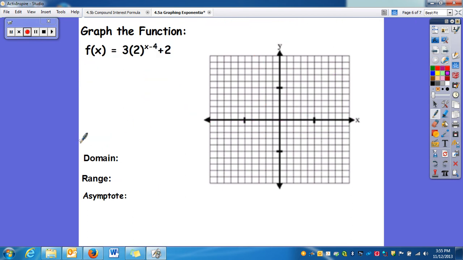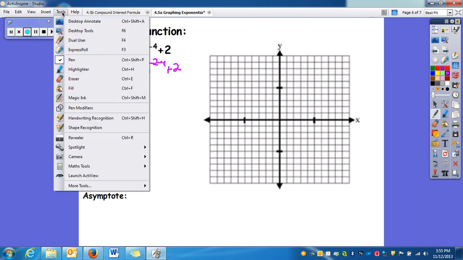Alright, one last one, and we'll try to do it as quickly as we can. Do your table of values. Go -2, -1, 0, 1, and 2. Alright, plugging in -2, so go 3 times 2 to the -2 minus 4 plus 2. Alright, so 2 to the -6.